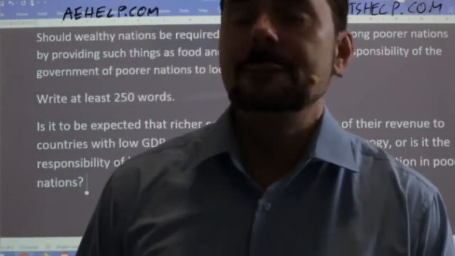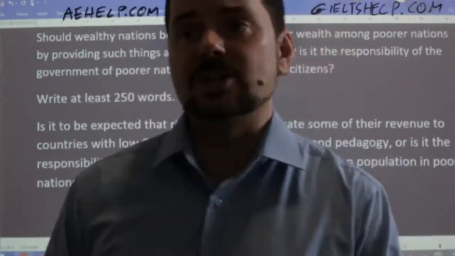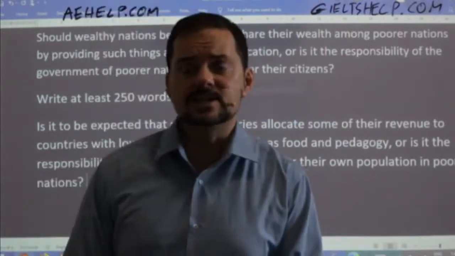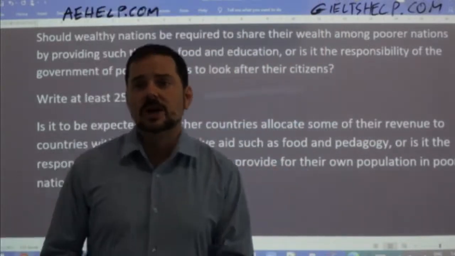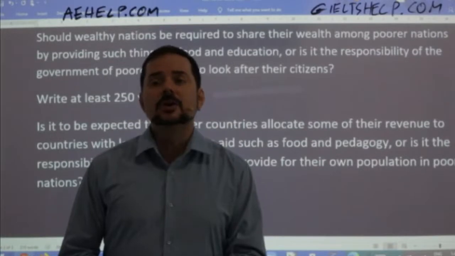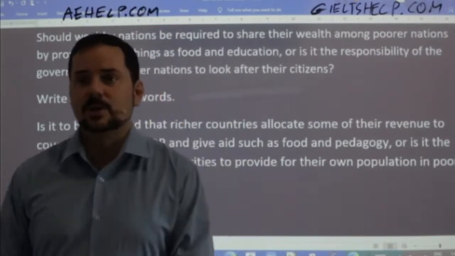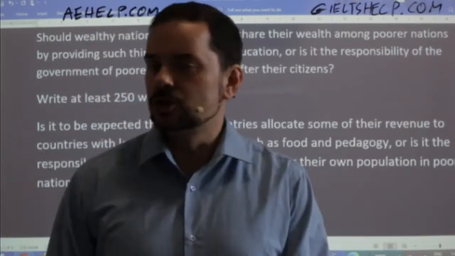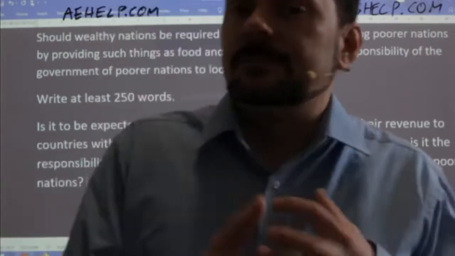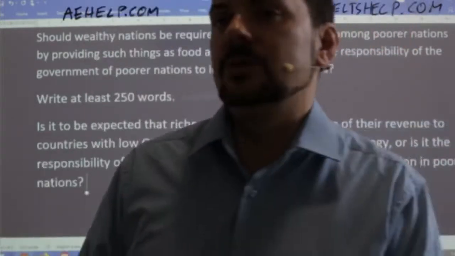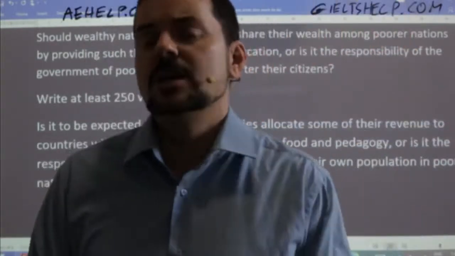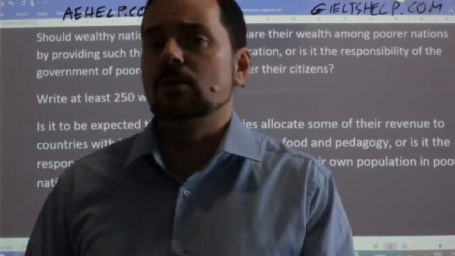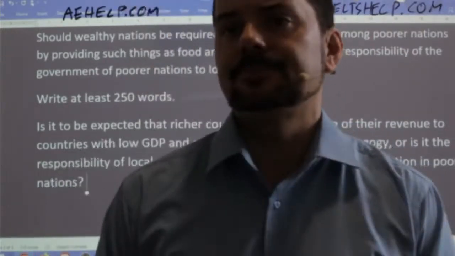Good job. A couple of slight corrections there, but yeah, nice start. Must rich countries support weaker economies, or countries with weaker economies? It's a tricky one, right? How do you express that clearly and accurately? Countries with weaker economies, countries with low GDP or low revenue, okay?